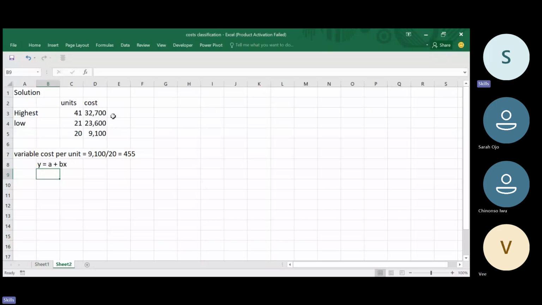Yes, sir. Okay, so now 32,700 is the total cost. Then our fixed cost, we don't know our fixed cost, and that is what we are going to determine.